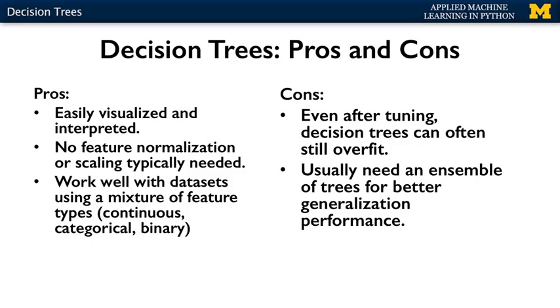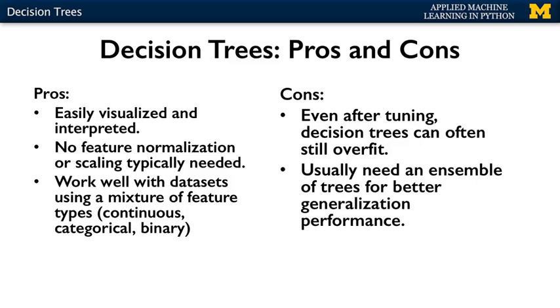One of the major advantages of decision trees as a supervised learning method is that the decision rules are easily visualized and interpreted by people, including users without machine learning expertise. This makes decision trees a useful choice for getting an initial understanding of what some of the more important features are likely to be for a particular prediction task.